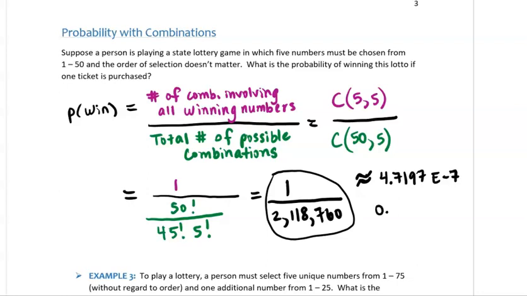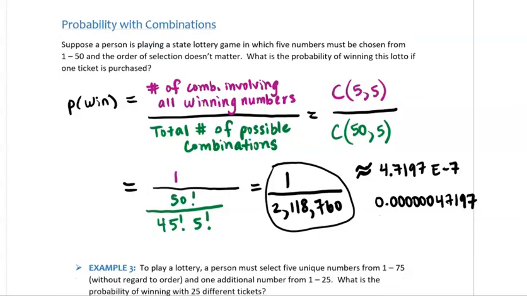That would give me 0.00000047197, and so that is the probability approximately as a decimal. To turn that into a percent, we would multiply that by 100, which would give 0.000047%. So the percent chance of winning is very, very, very small.